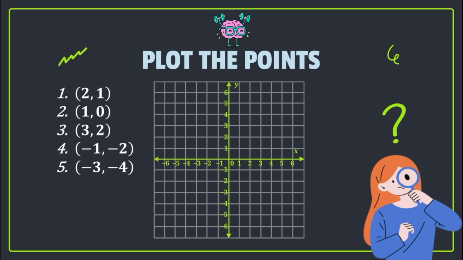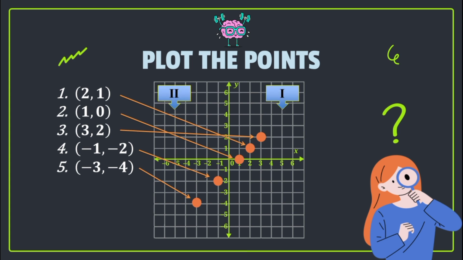Hence, we can describe any point of the plane using ordered pair of numbers. The plane is also divided into 4 regions: quadrant 1, 2, 3, and 4.